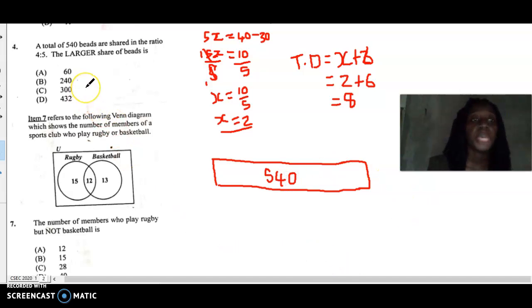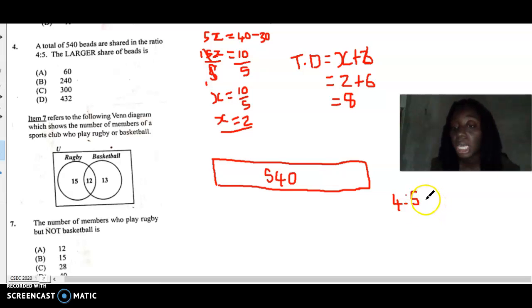Okay, now we have a portion, or beads have been divided into 4 to 5. All right, so this simply means that if the total beads are shared in the ratio 4 to 5, we have 4 plus 5 portions, which will be equal to 9.